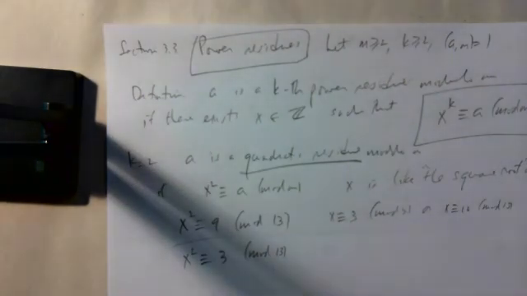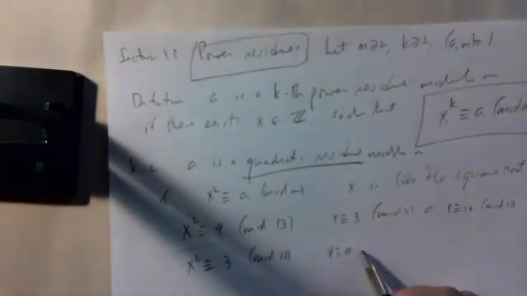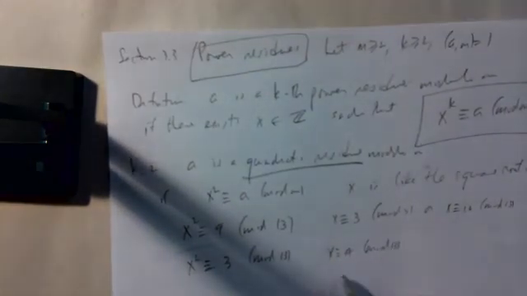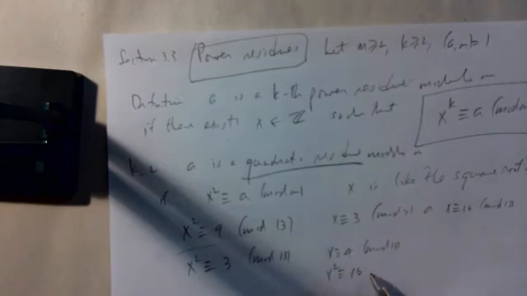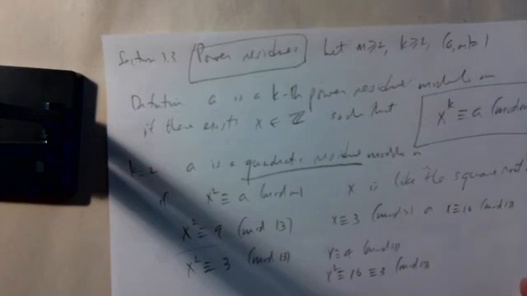Interesting. 4. 4, excellent. So if you take x congruent to 4 mod 13, x squared is 16, which is the same as 3 mod 13.